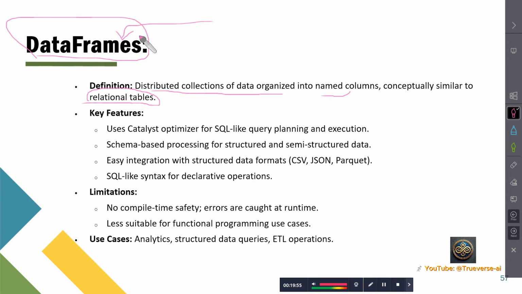When we talked about data visualization, a DataFrame is similar to a table organized through columns. It uses the Catalyst optimizer for SQL-like queries. This is good. It is schema-based, especially good for semi-structured and structured data, with easy integration with other data formats, and good for declarative operations.